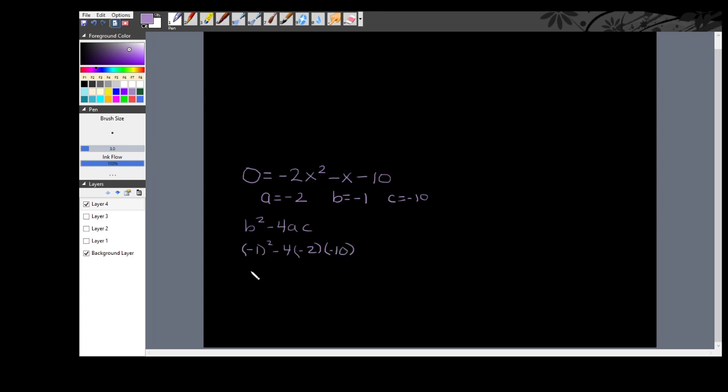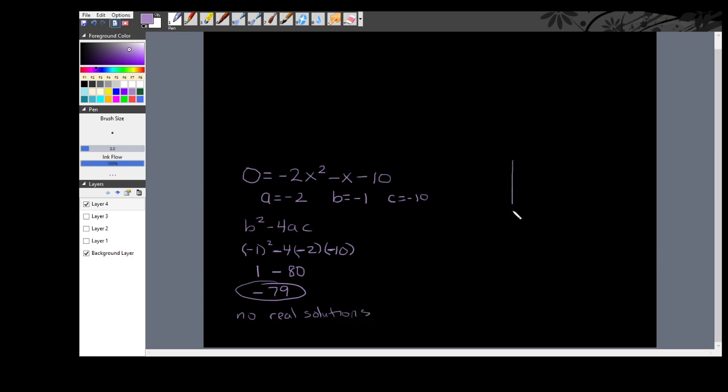So negative 1 squared is just 1, minus 4 times 2 is 8, times 10 is 80. Checking out those signs, I have 1, 2, 3 negatives. That's why that stays as a minus. So the answer here is negative 79. Because that discriminant's a negative value, there are no real solutions.